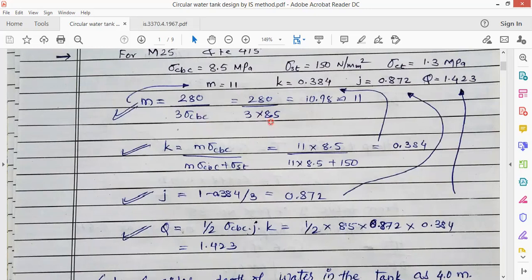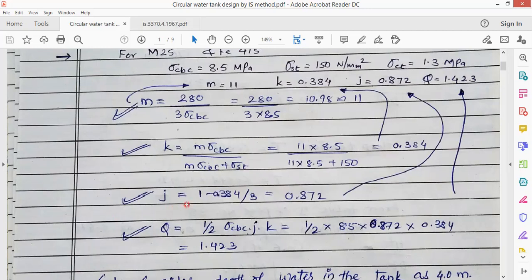Substituting the value of sigma CBC, we have m equal to 11. Then k, the neutral axis constant, is equal to m sigma CBC divided by m sigma CBC plus sigma ST. Substituting the values, we have k equal to 0.384.